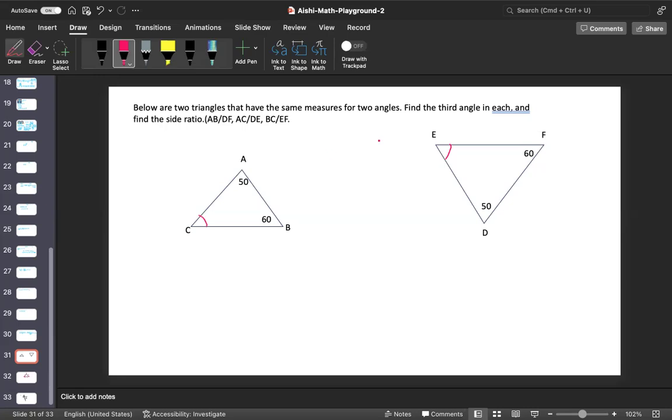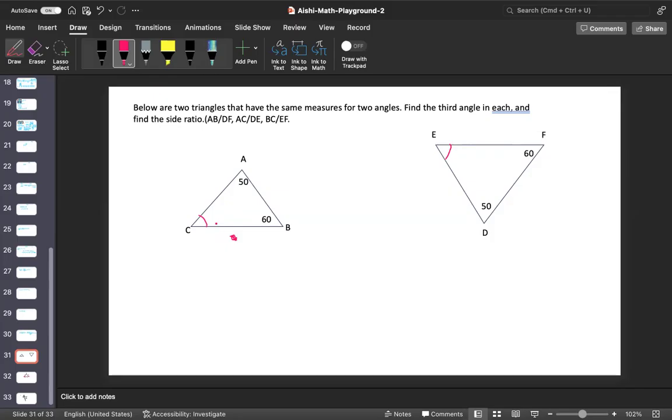So, we can just take random numbers since we don't know the sides. So first, let's find which way they're similar, and depending on that, we'll do the sides. We can do random sides, see if they work, and so on.